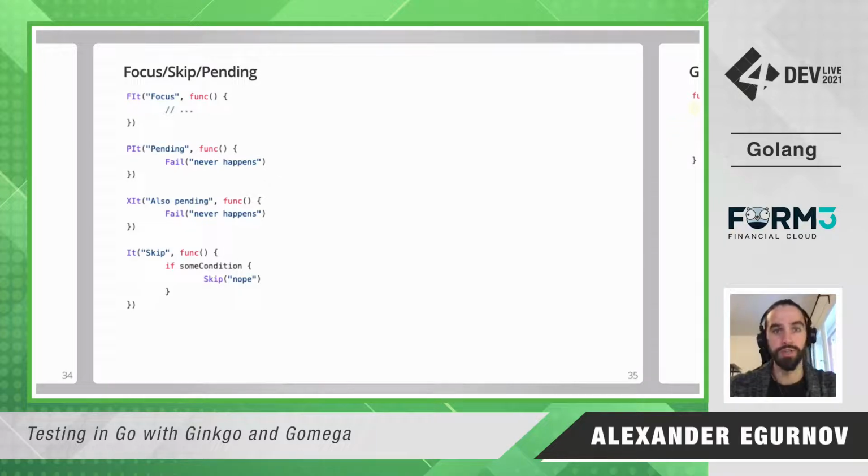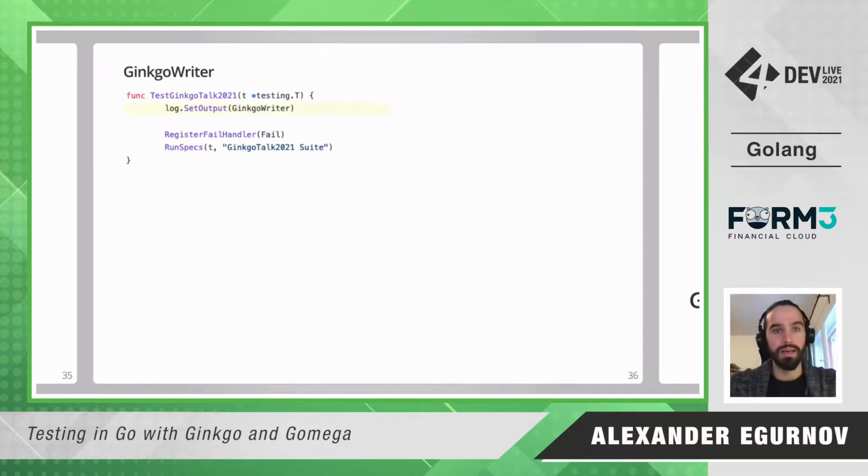If you don't want to run a test, you can leave it pending, then whatever happens in this test will not bother you while you are debugging something else. Obviously for CI/CD purposes, none of this will work. Whenever there is a focus test, Ginkgo will not return a zero return code. It will be something over 100. So you will not accidentally commit it to CI. But while you're working on tests, and if you have a big testing tree, this helps you focus on one part without worrying too much about breaking stuff in other things.